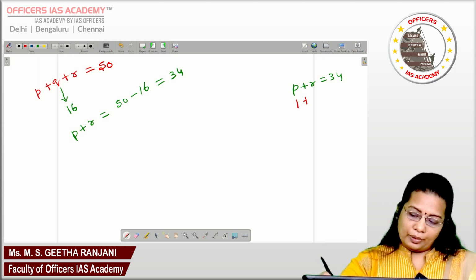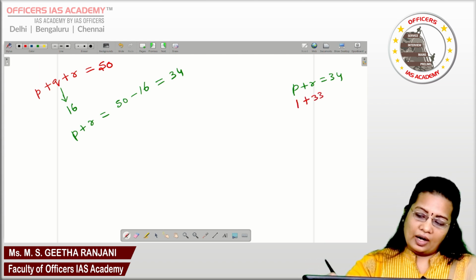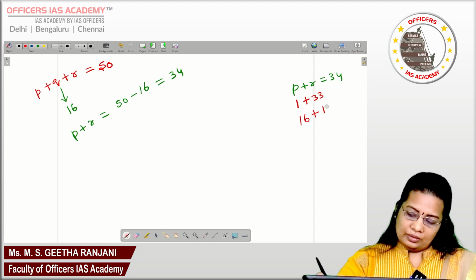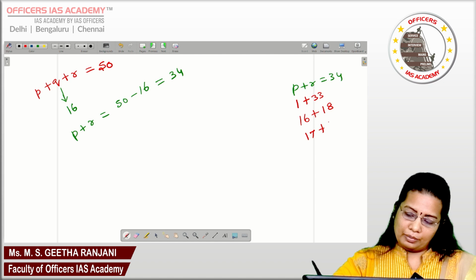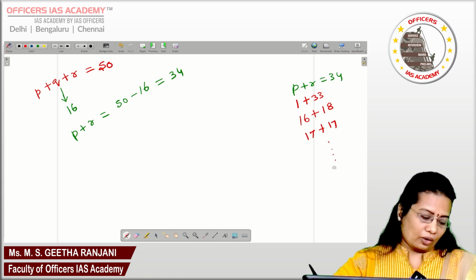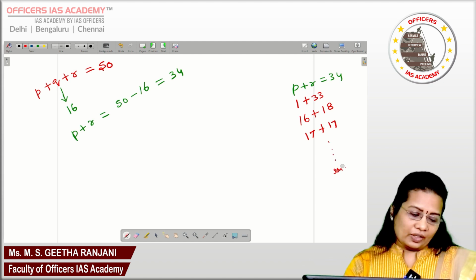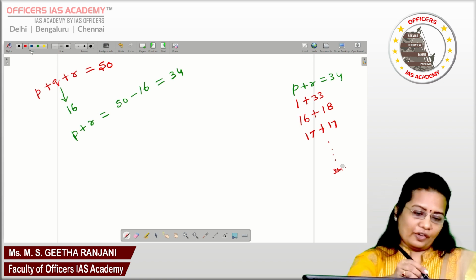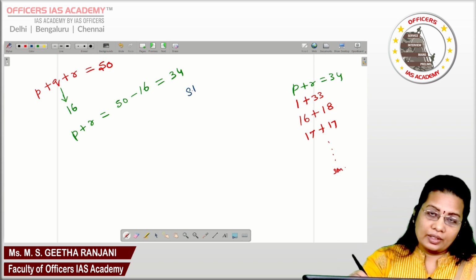So P plus R is 34 means there will be different values for P and R. Here it may be 1, here it may be 33, here it may be 16, and here it may be 18, and here it may be 17, here it may be 17, and so on. Now statement 1 alone, one piece of information is given. We want to consider that too.